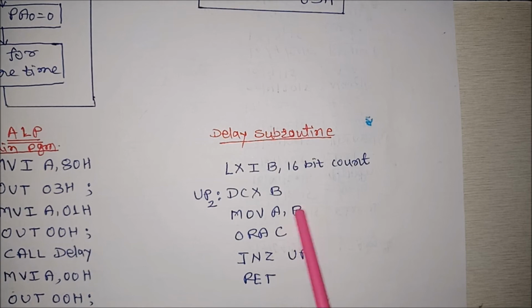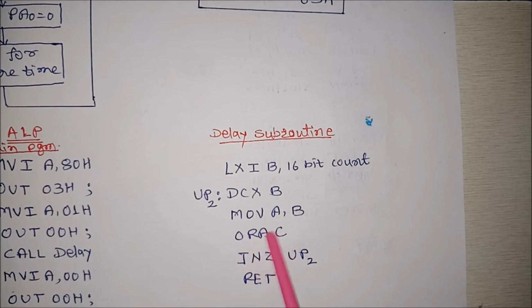The OR operation gives output 0 only when both inputs are 0. That means only when the B register contents and C register contents are 0 will the zero flag be set and the program come down.